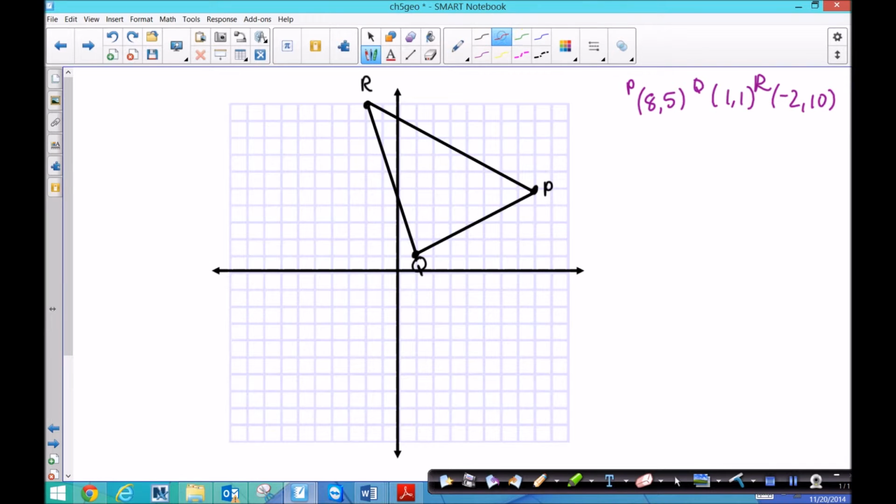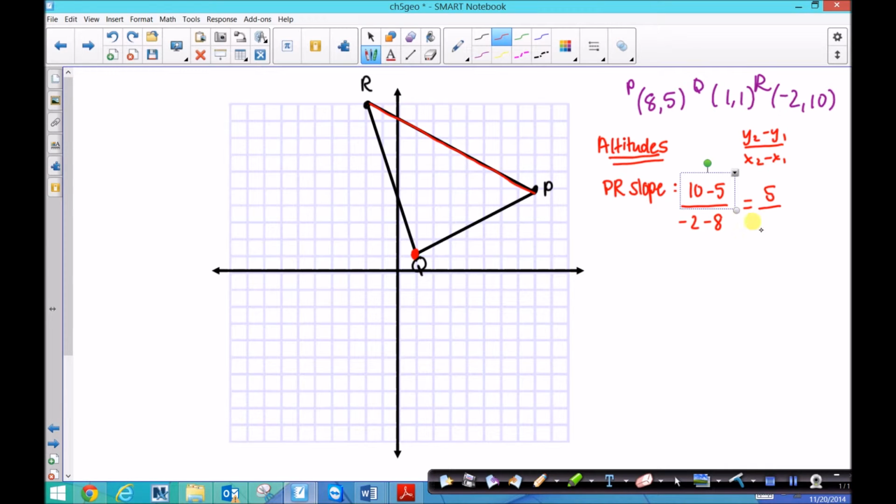So remember that the orthocenter is the intersection of the altitudes. And so we need to be able to find an altitude. Let's say that we started with point Q. Point Q is across from segment PR. So before we can do anything, we need to figure out the slope of PR. We do that using our slope formula, y2 minus y1 over x2 minus x1. And when we do that, we're going to get 10 minus 5 over negative 2 minus 8.